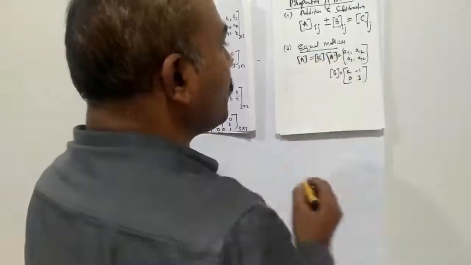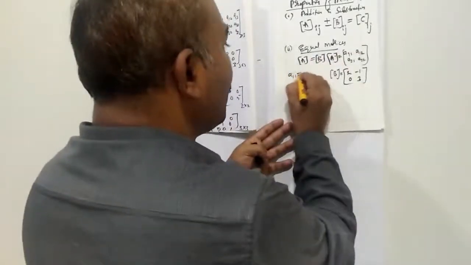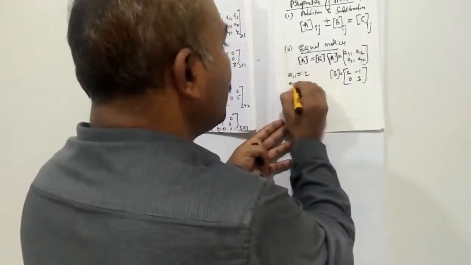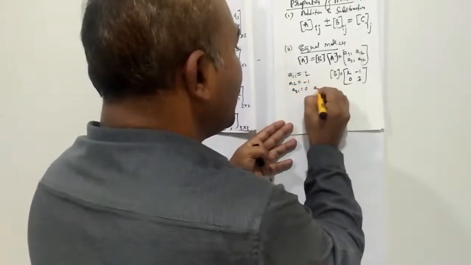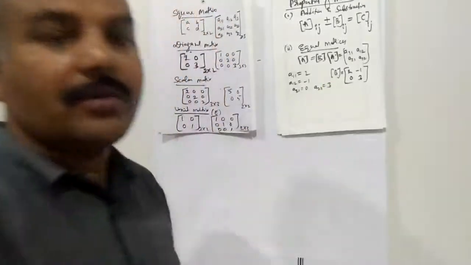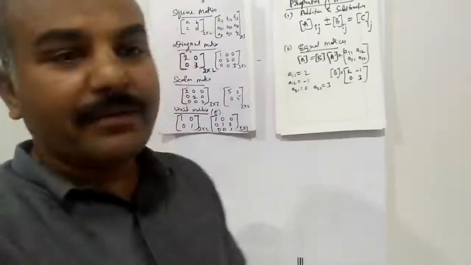If A is equal to B, then A11 is equal to 2, A12 is equal to minus 1, A21 is equal to 0, A22 is equal to 3. So this is the second property of matrices.